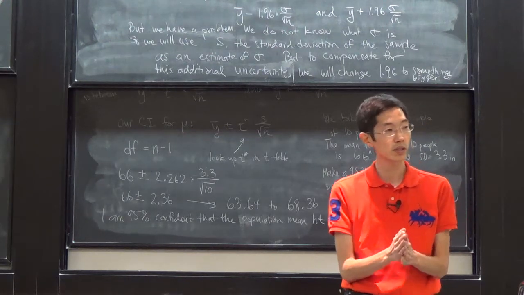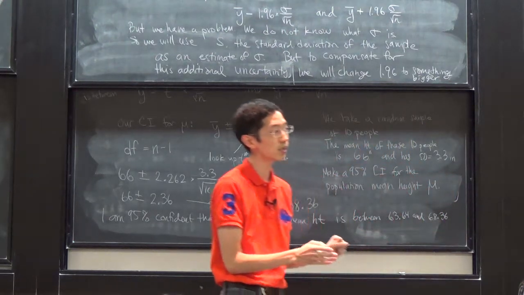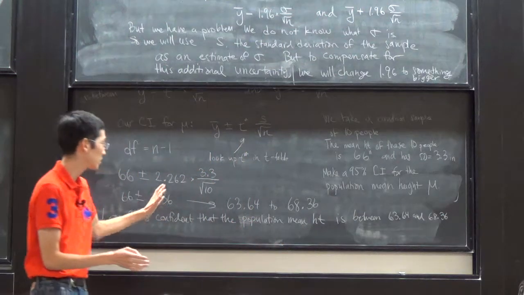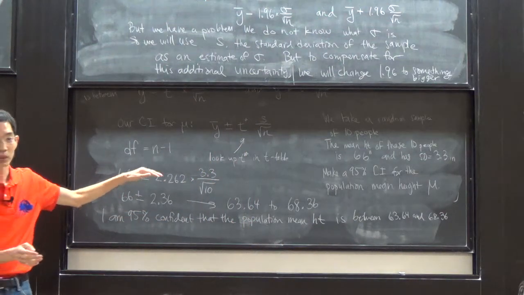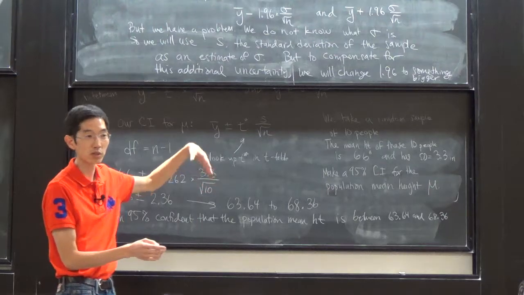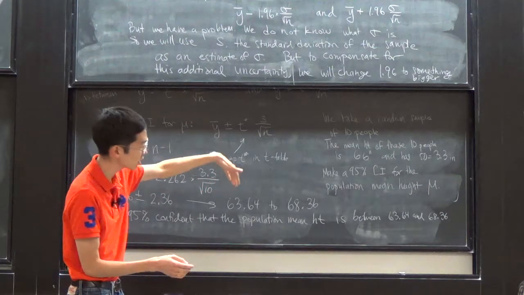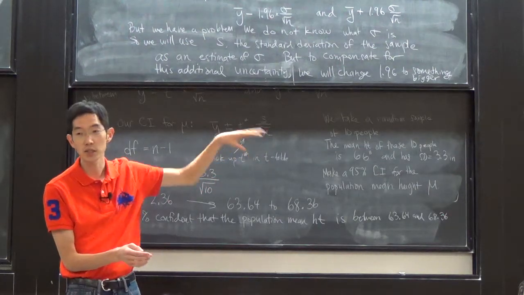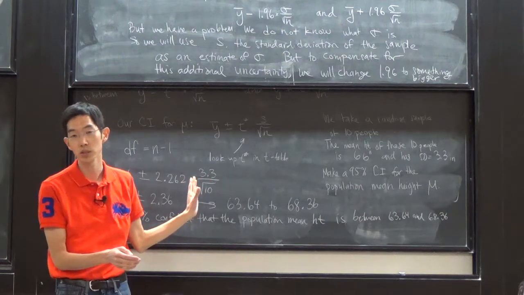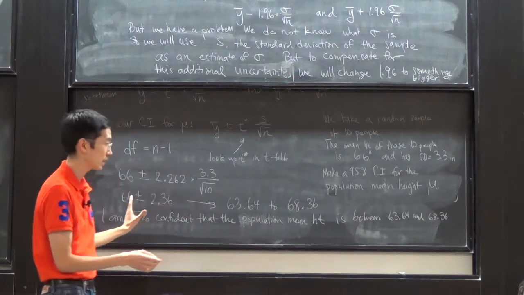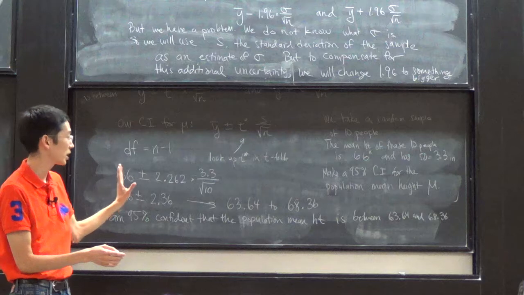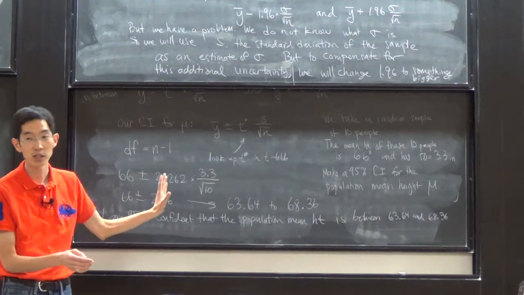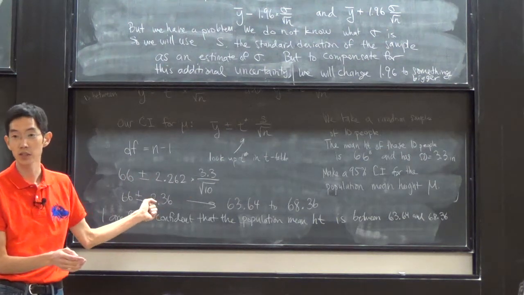So there's no uncertainty about it. So it does not make sense to say there is a 95% probability that mu is between here and here. There's no uncertainty about mu. It's either inside my interval or it's not. I don't know the value of mu, so all I can say is that I'm 95% confident that mu is between here and here. Okay?